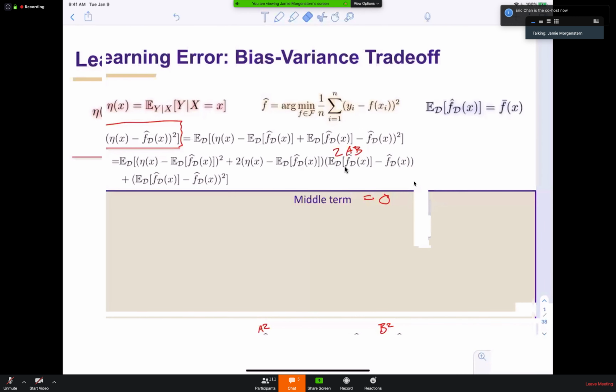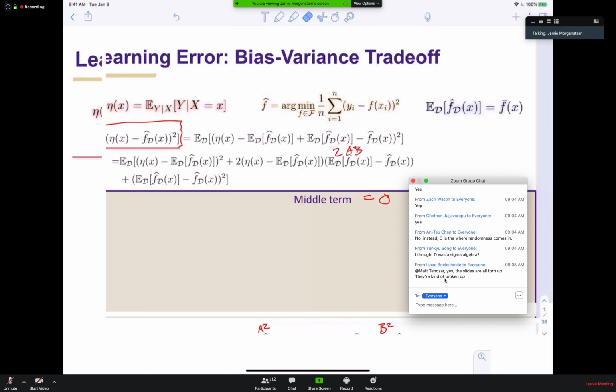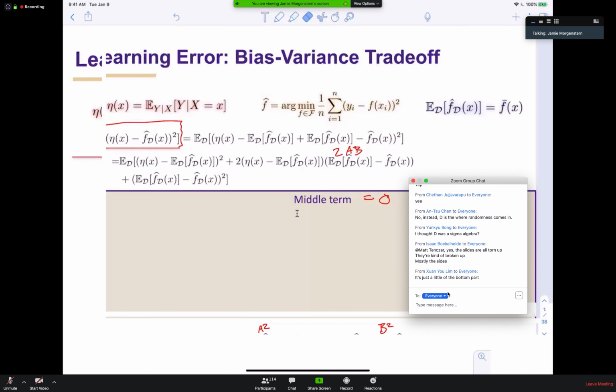Okay, so the screen is sharing, but the slides are broken up. Apologies. Kevin, do you see? They're kind of broken up. Kevin, how do you see the slides? Or do any of the TAs? It's just a little of the bottom part, okay.